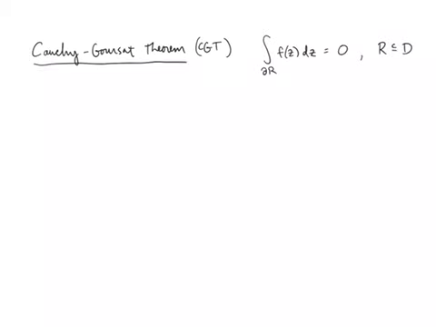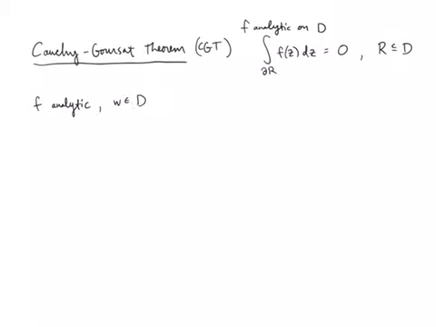All we have is that we know that f is analytic on D. So what does it mean to be analytic on D? Well, f is analytic, and let's just take some w in D.